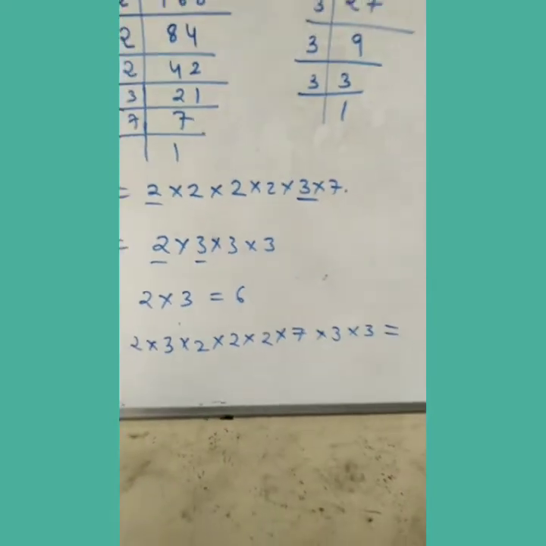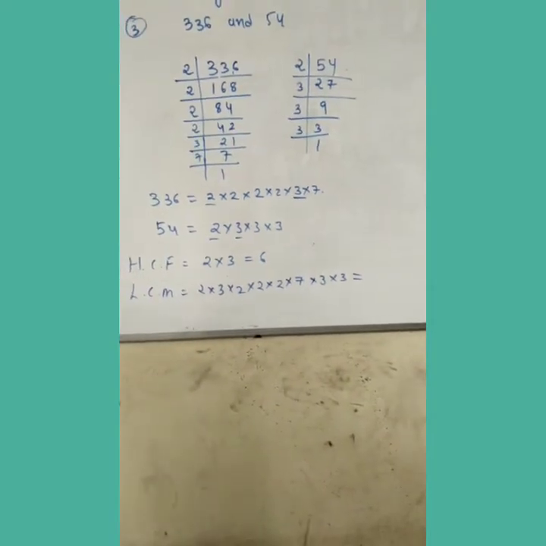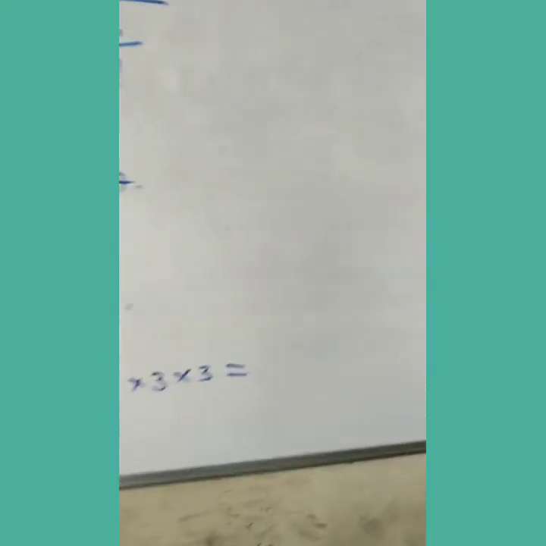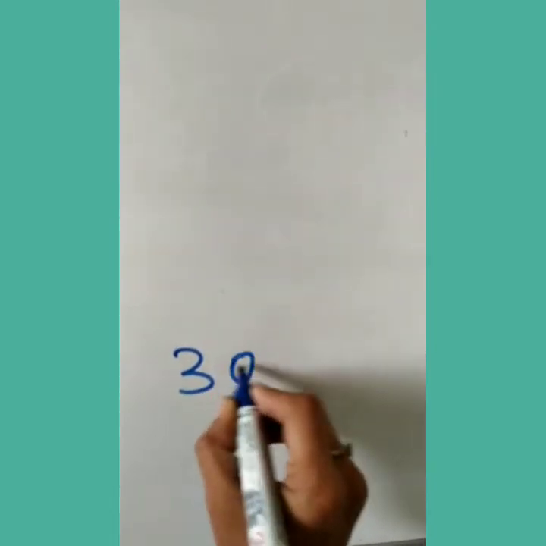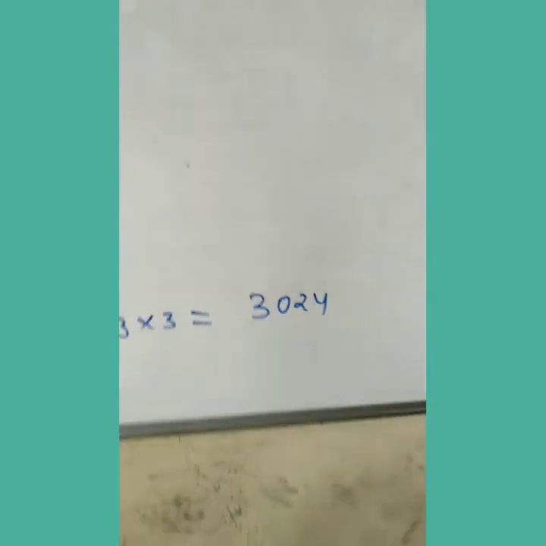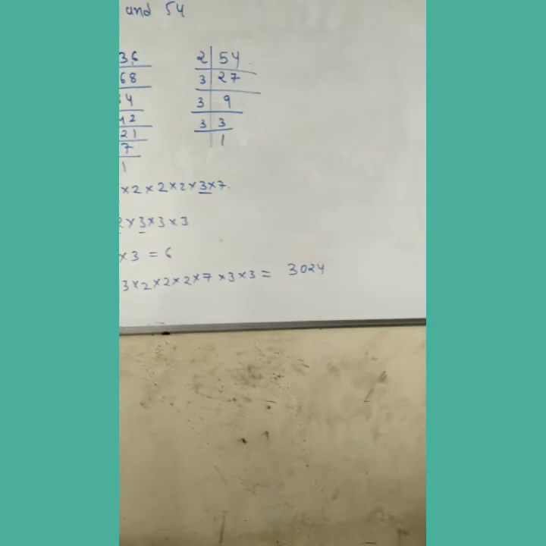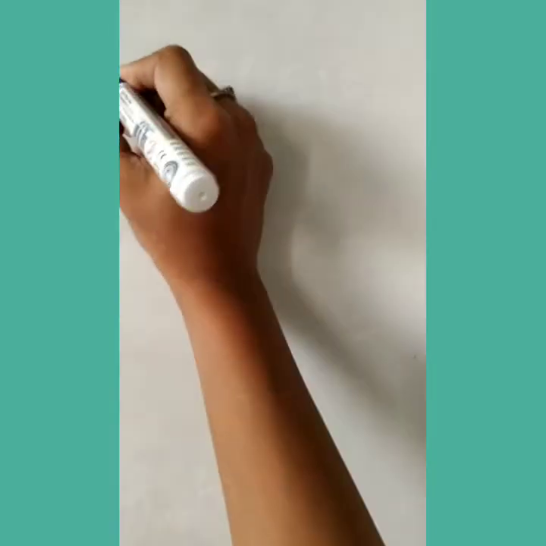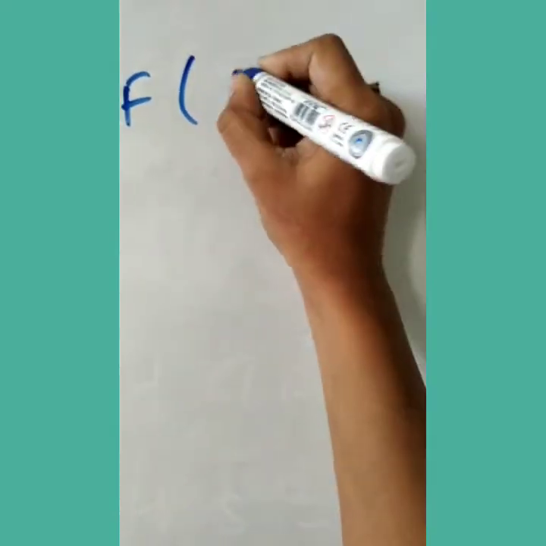So when we are multiplying all this, 2 into 3 into 2 2 2 into 7 into 3 into 3, then we are getting 3024.